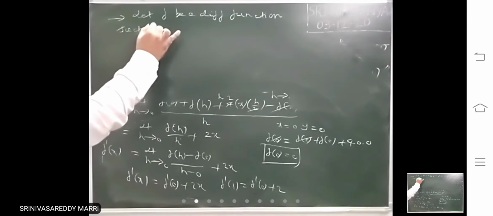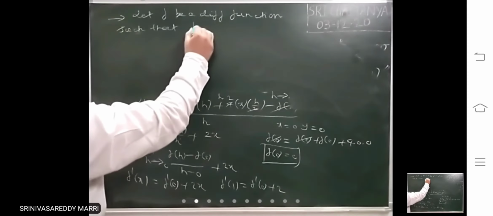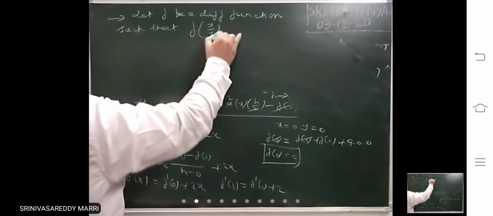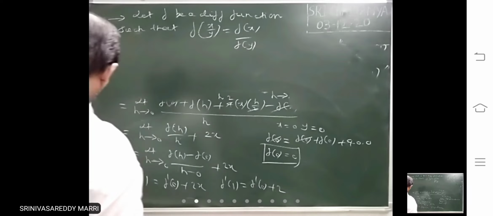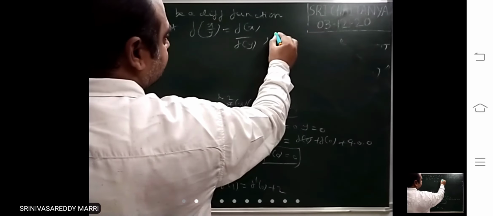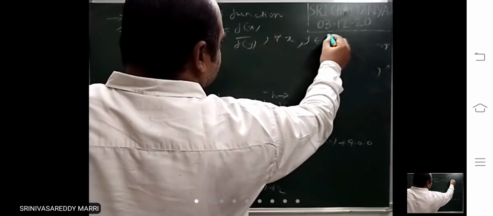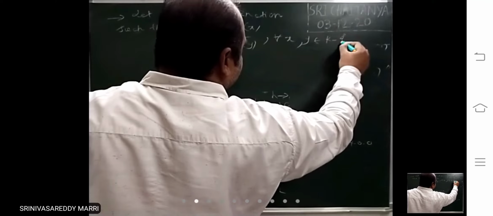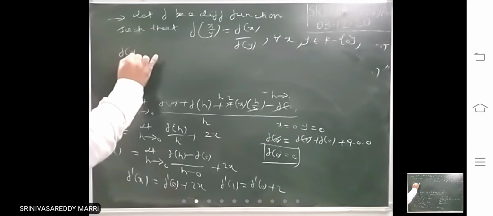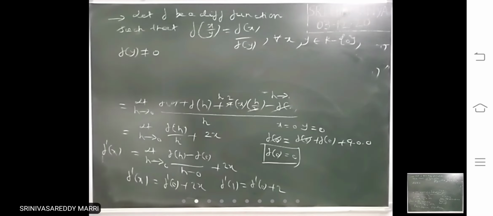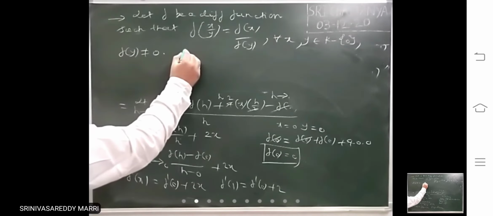Let f be a differentiable function such that f of x by y equals f of x divided by f of y for all x, y belongs to R minus 0, f of y not equal to 0. It is defined like this.